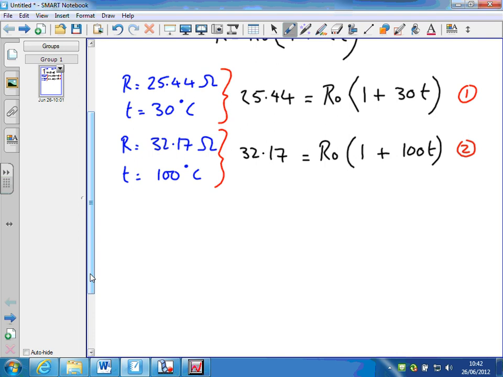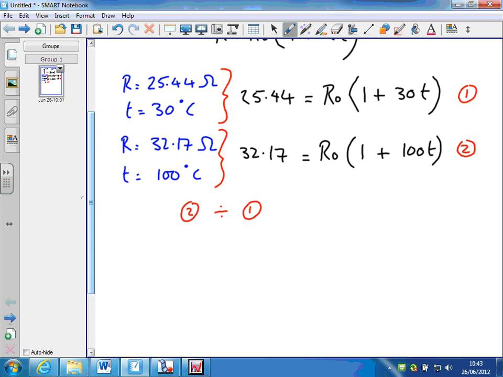To make sure I keep whole figures, I'm going to put equation 2 divided by equation 1. You'll find when you do that that R0 cancels, and then we can multiply to get rid of the denominator, or the figure underneath in the term. See if you can carry on from there and work it through.